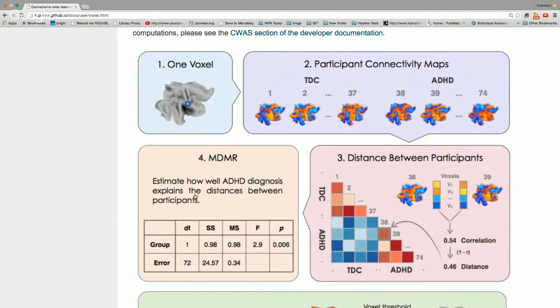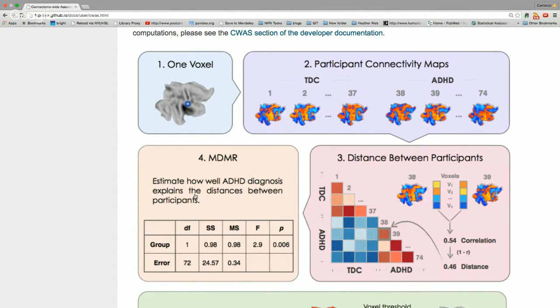For every voxel in the brain, I could write the t statistic or the F statistic of that comparison, and then map out all of the voxels whose functional connectivity profile differs between populations. Then instead of doing 162 million tests, I'm only doing 18,000 tests, one per voxel. That is what CWAS allows you to do.